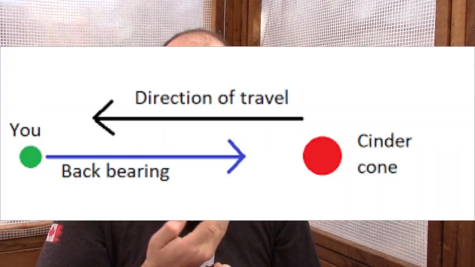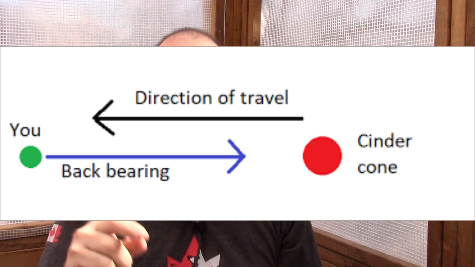There is the grid map bearing, which is 2 points on a map, which you calculate from the north line, the north and south line of your map. And the back bearing. What's the back bearing? It's the direction to return on the same line that you had going towards a point. That's important also because it's a way of coming out of where you went in. You can use a back bearing.